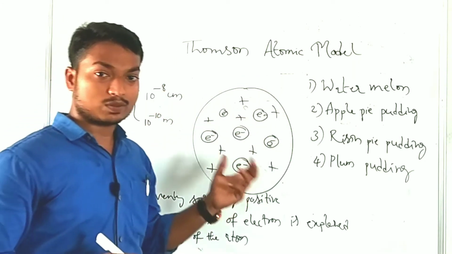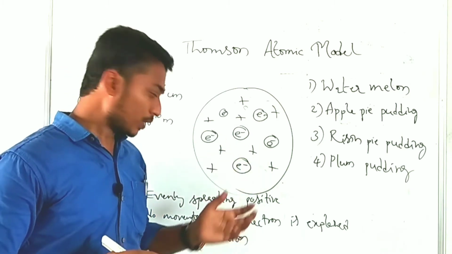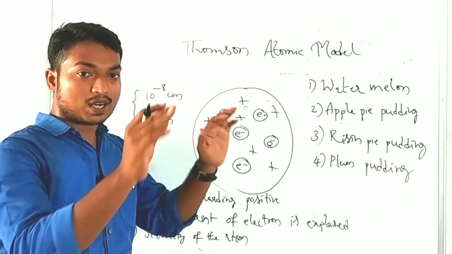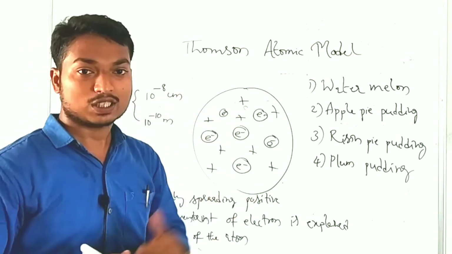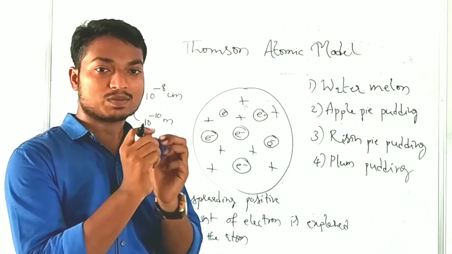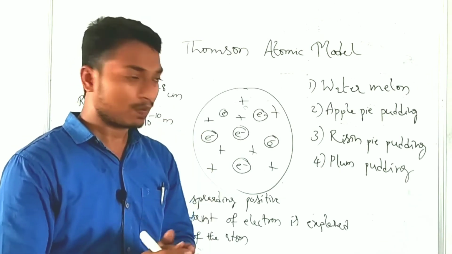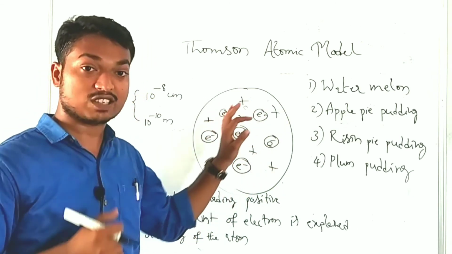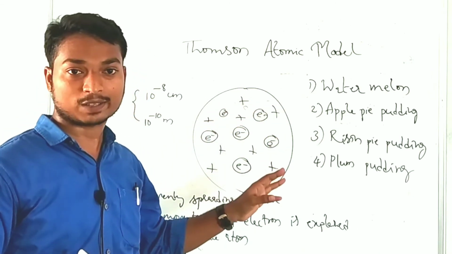According to modern atomic models, this theory was wrong because it has many drawbacks, like the total positive part being evenly spread in the atom. In modern atomic models, the total mass of the atom is concentrated at the center of the atom. But here the total mass and the total positive charge are evenly spread. That is the main drawback.